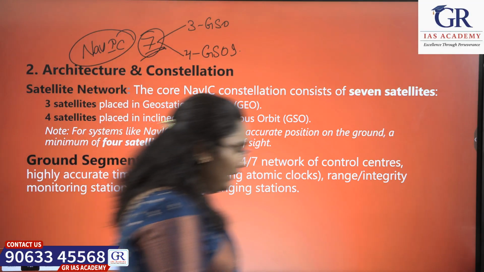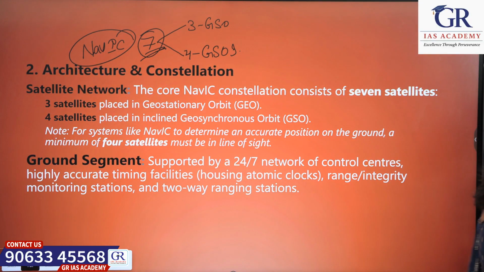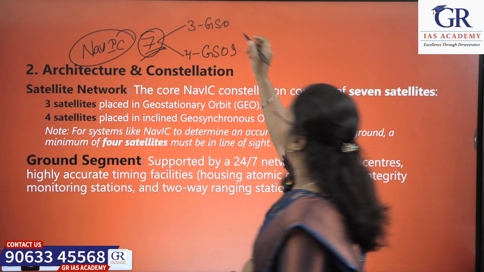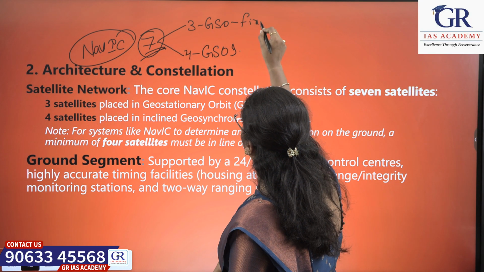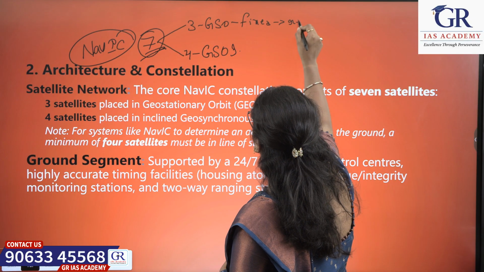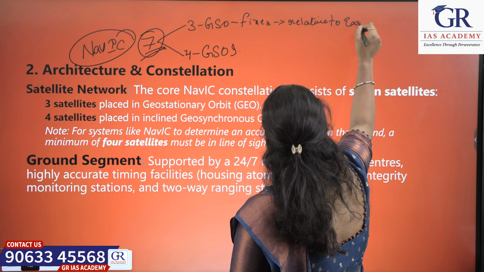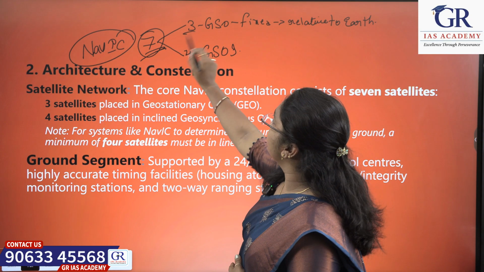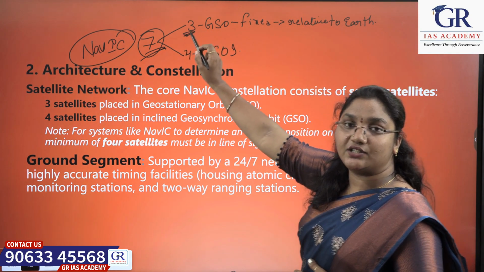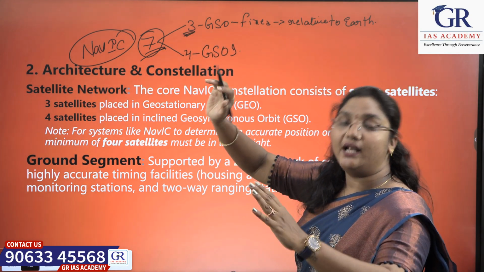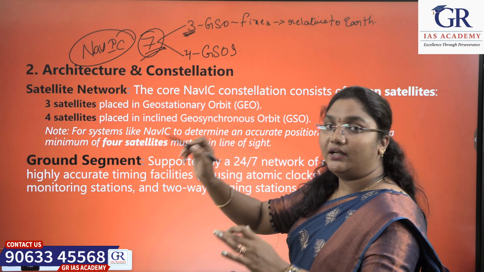Now, these 3 geostationary orbit satellites are fixed in position relative to the Earth.